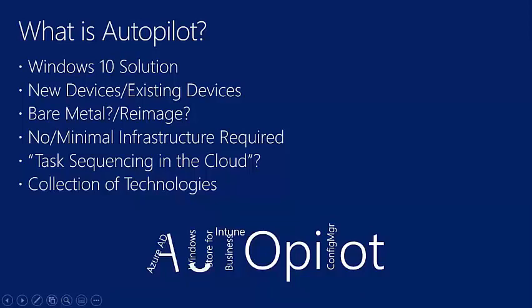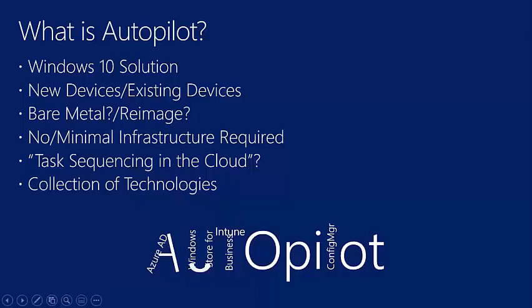So another really cool thing about Autopilot, there's no to minimal infrastructure required. What does that mean? Autopilot is cloud-centric. So we use various cloud services in bringing the Autopilot experience together. Autopilot itself is the cloud service.